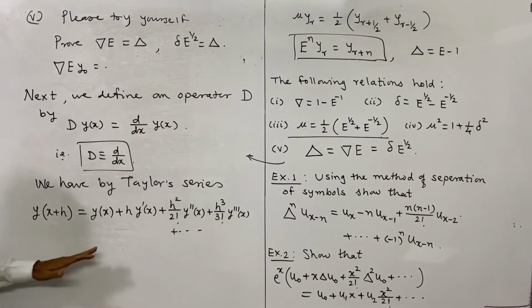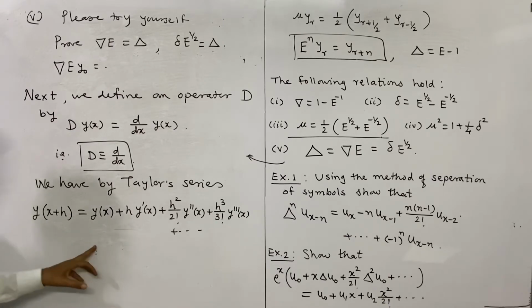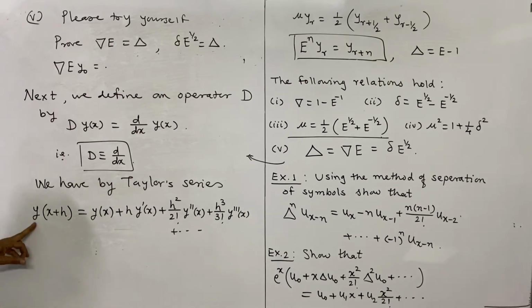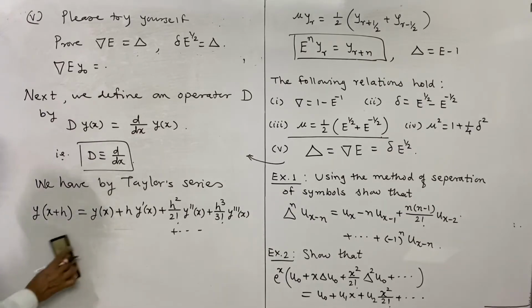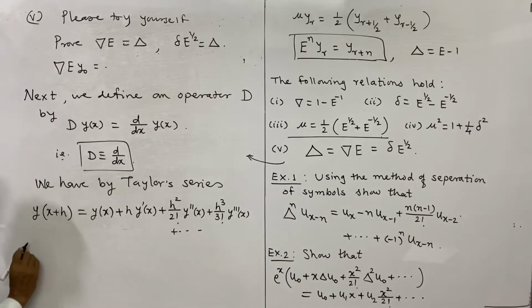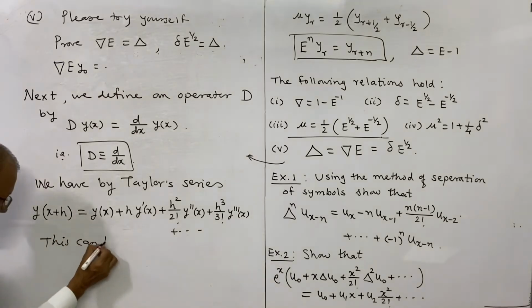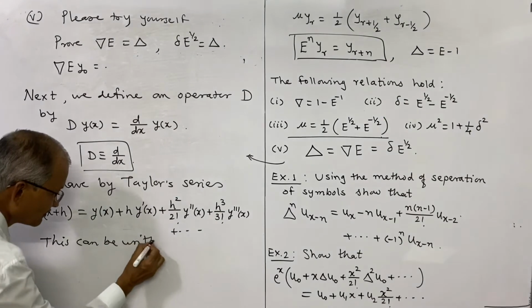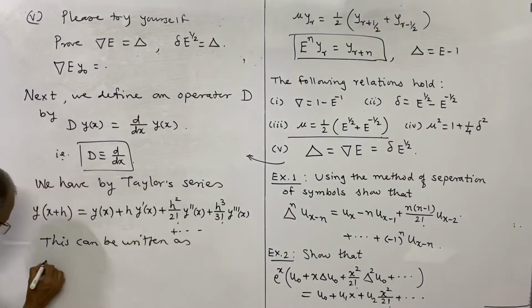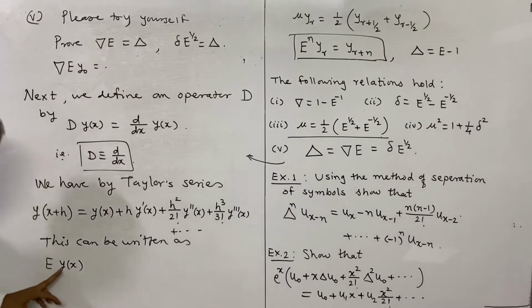So this is the Taylor's series that we have studied earlier, and y of x plus h can now be written in terms of the shift operator. So this can be written as E of y x, that is, this shifts the value of y of x to y of x plus h.